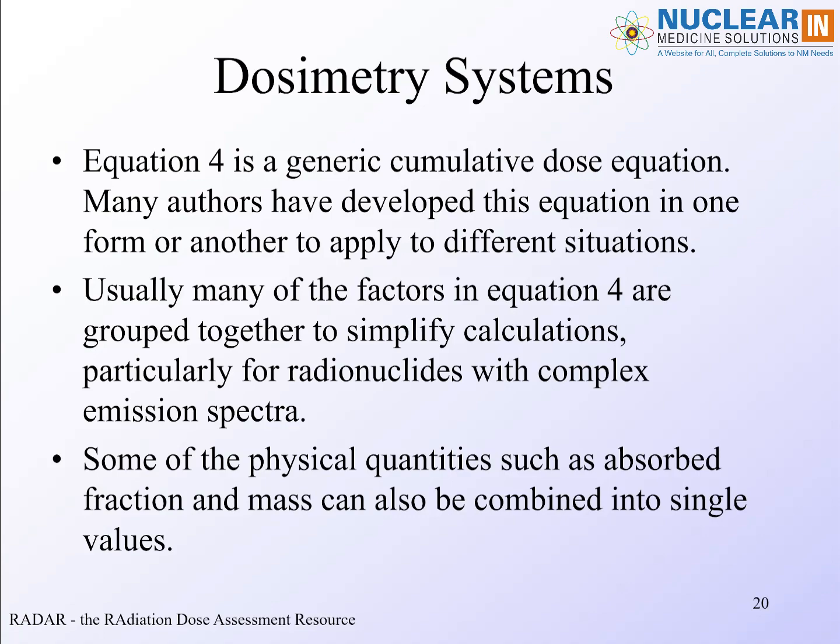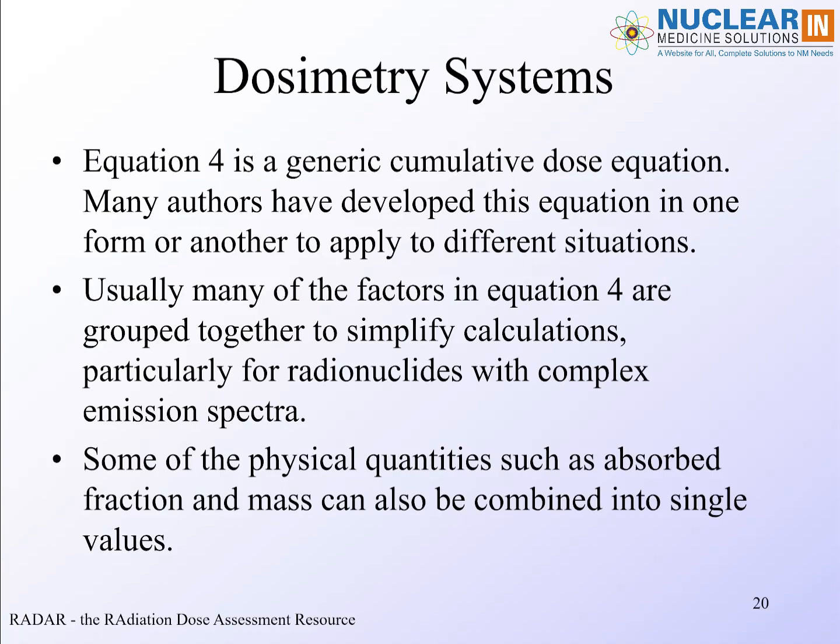So let's apply it. Many different authors have applied this in one form or another, and this is where it gets confusing. People look at one and it doesn't look like the other. Even the 2 ICRP equations I'm going to show you in a few minutes, they look totally different. The older ICRP 2 and the newer ICRP 30, 60, totally different, but it's the same simple equation.